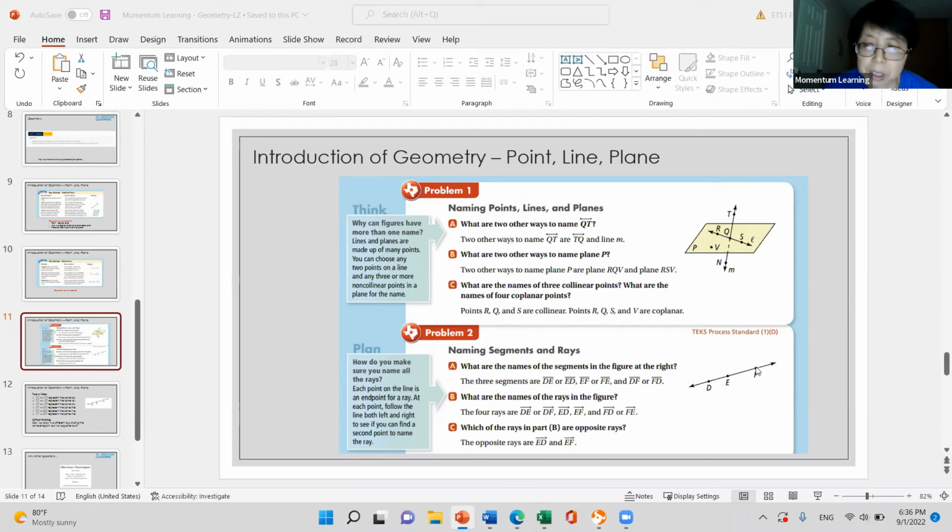So you see that FD and FE have the same endpoint and the same direction, so they represent the same ray. Once your endpoint and direction are determined, you can use any other points on this ray to name it. So far, any questions for me?